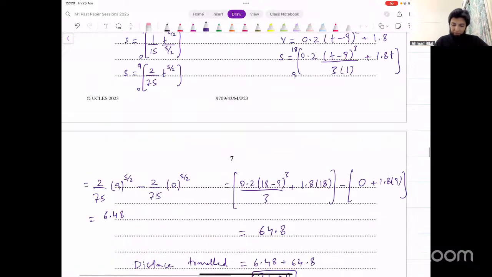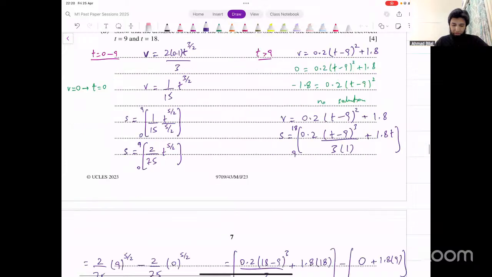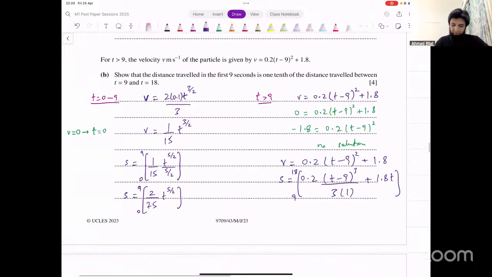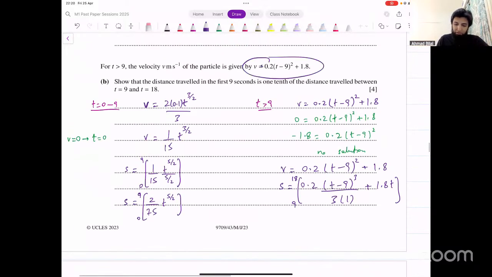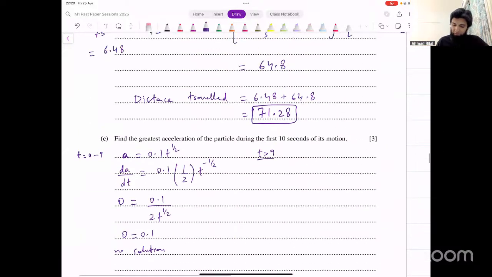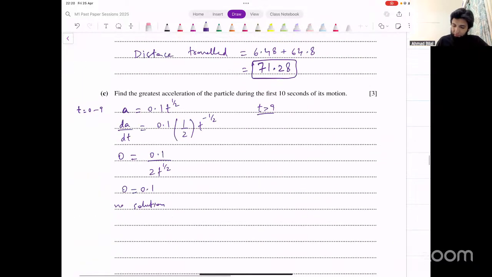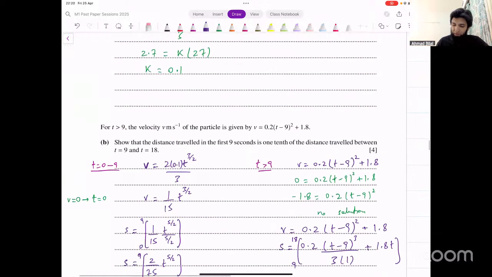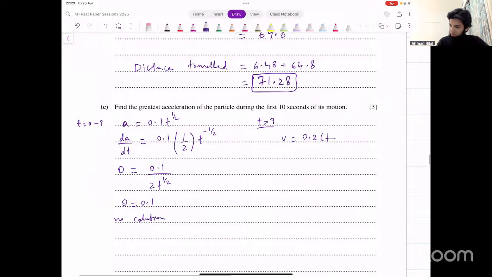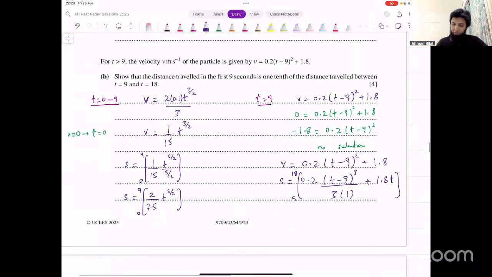Now, after the first 9 seconds, we are given that this is the velocity function, right? Now, what's the velocity function? We've already found the derivative of that before, have we? No. Now, for the next 1 second, the velocity function is 0.2 into t minus 9 whole squared plus 1.8.